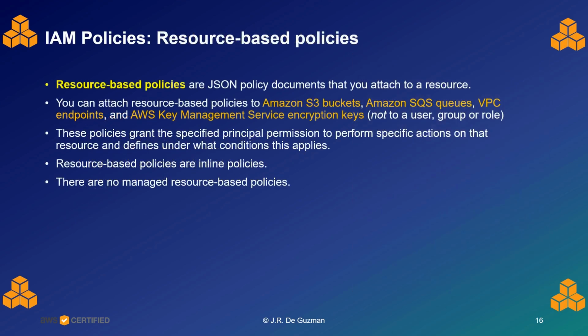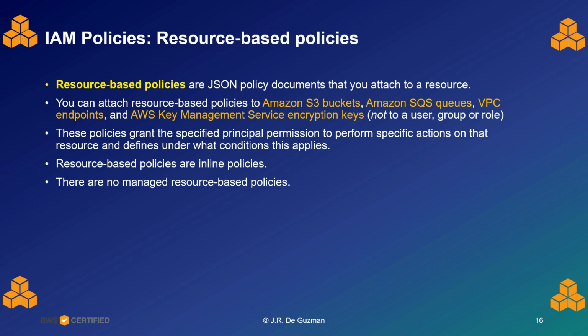And next, the other IAM policy type we have here is the resource-based policy. With resource-based policies, you can specify who has access to the resource and what actions they can perform on it. You can attach resource-based policies to Amazon S3 buckets, Amazon SQS queues, VPC endpoints, and AWS Key Management Service, or KMS, encryption keys.